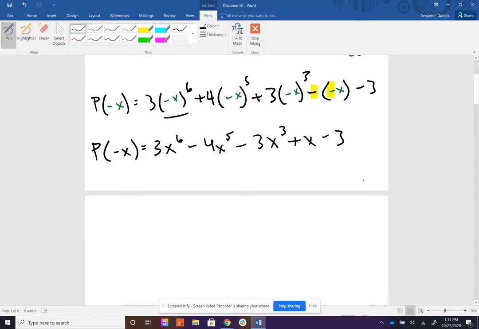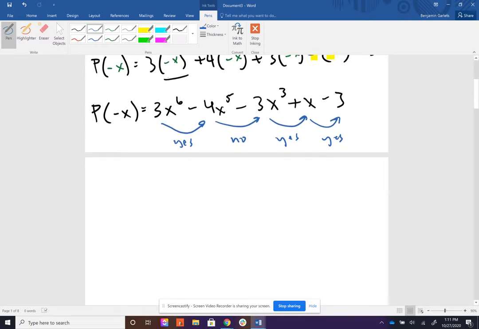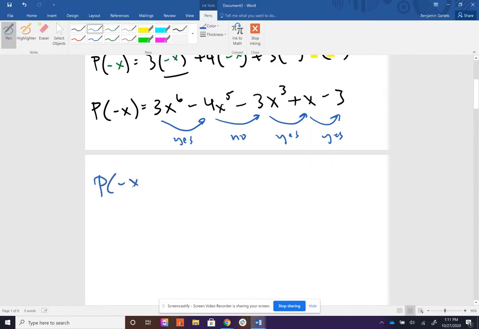We're going to take a look at the sign changes. We go positive to negative, so that's a variation. Negative to negative is not. Negative to positive is a variation. And positive to negative is a variation. So here we've got three variations. Let's write this out: p of negative x has 3 variations in sign.